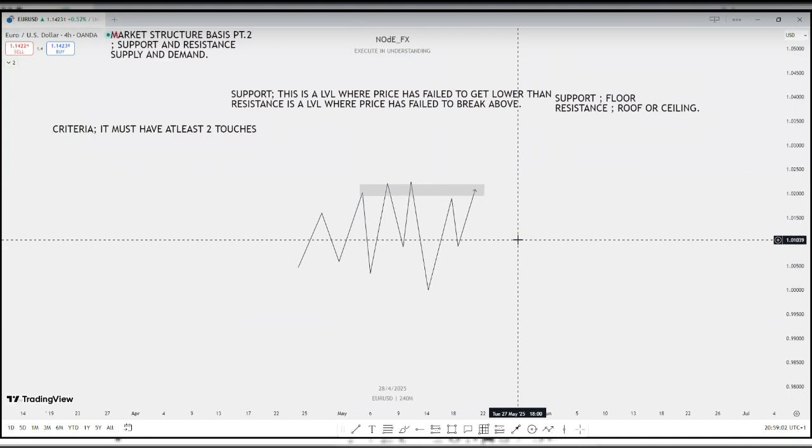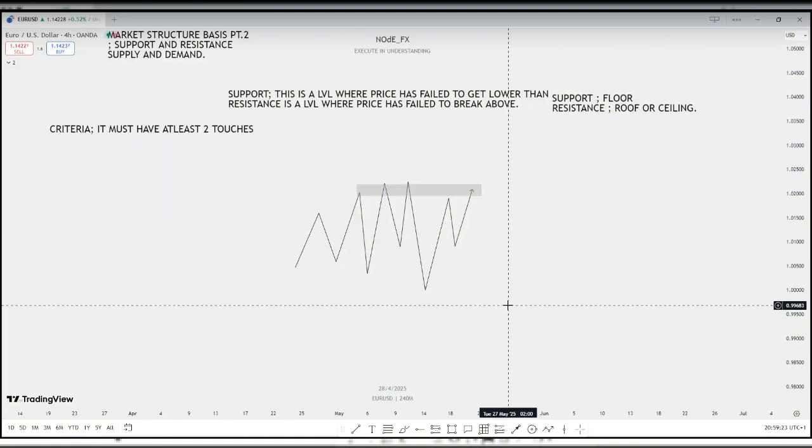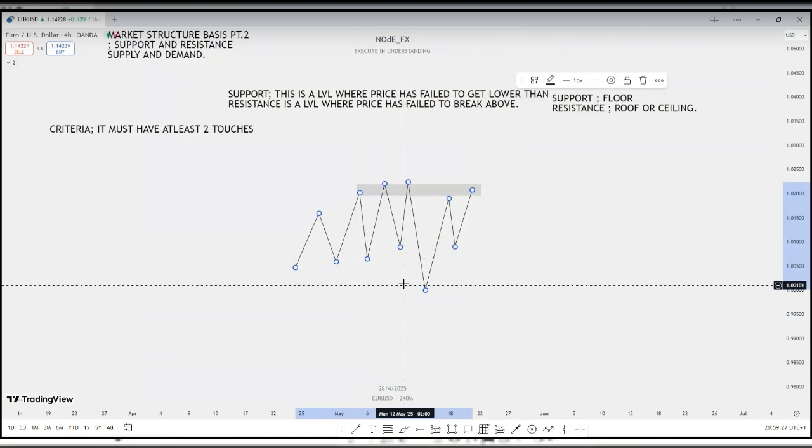And remember the criteria: it must have at least two touches to be a resistance level, which is saying it must have failed at least twice. Now, talking about supply, we can come this way and say this is our supply.